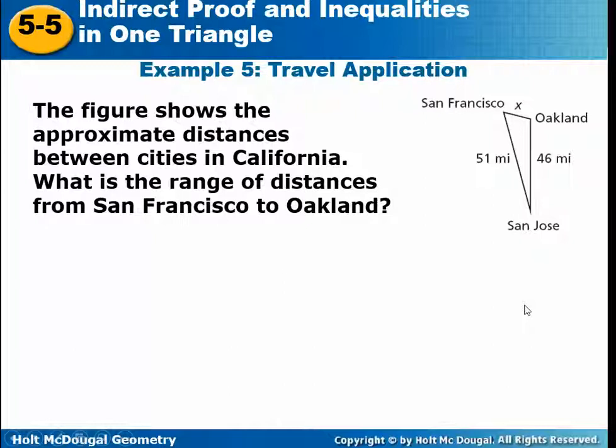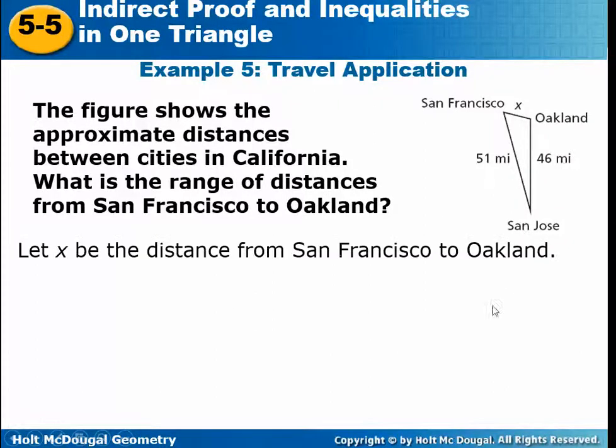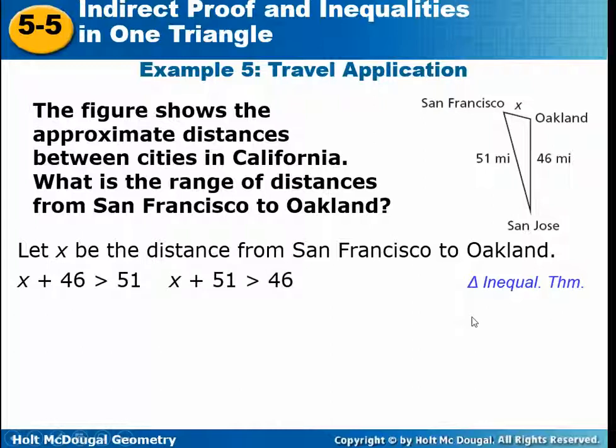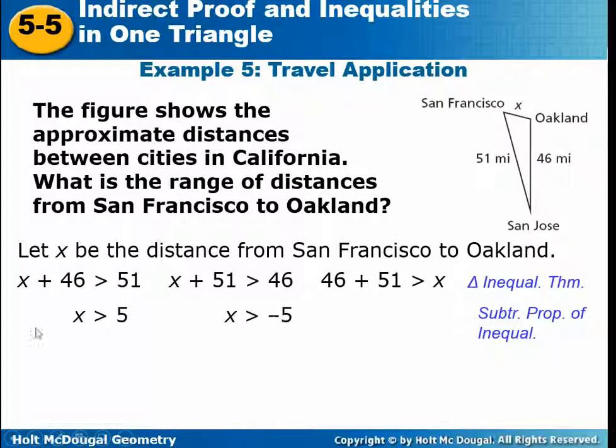This is just a travel problem. You're just going to be using what you already know. It says, what is the range of distances from San Francisco to Oakland? It's just doing the same thing we just did, and you would write the three different statements and then try to write a combined inequality. So we get that, what the heck is with the 5s? It is not always 5 and negative 5, I promise you.